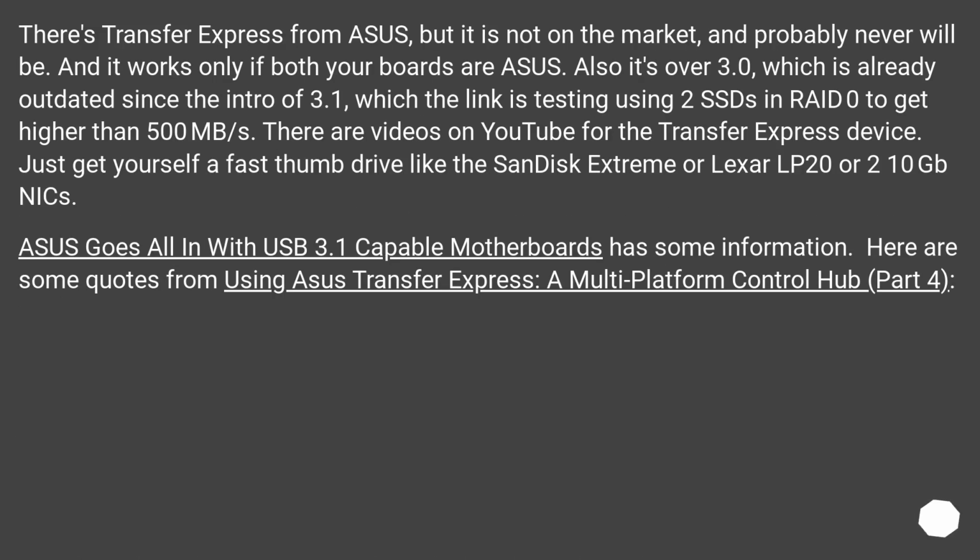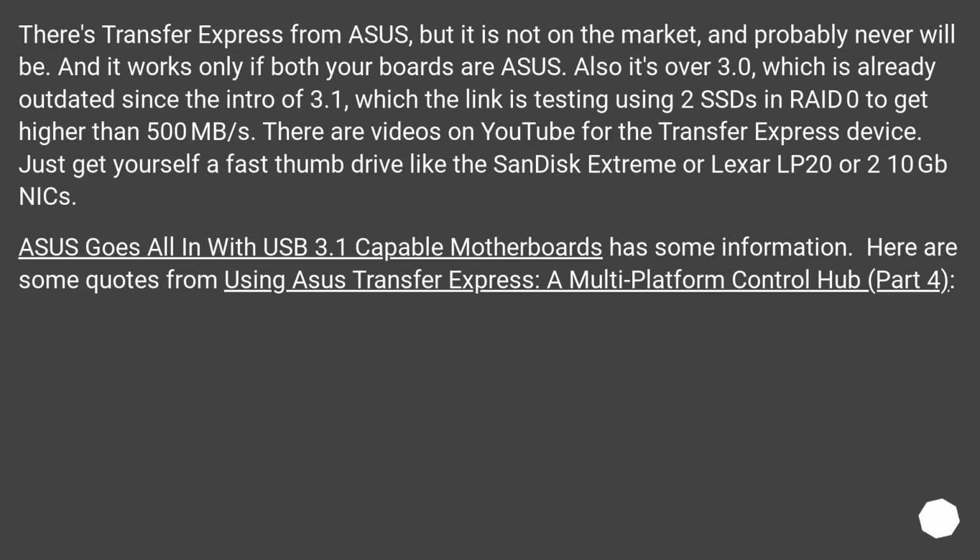There's Transfer Express from Asus, but it is not on the market, and probably never will be. And it works only if both your boards are Asus. Also it's over 3.0, which is already outdated since the introduction of 3.1, which the link is testing using two SSDs in RAID 0 to get higher than 500 MB/s.